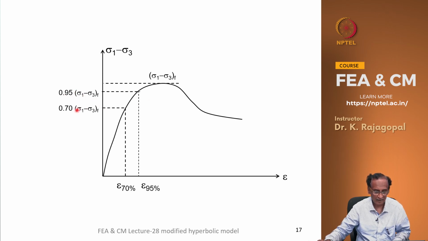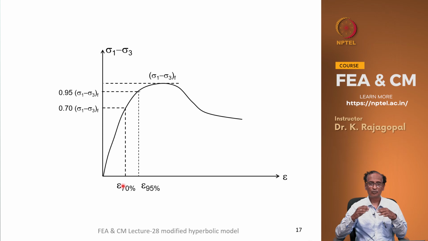And then here I have illustrated, let us say that this is your peak stress, 70% of this, 95% of this, and then the corresponding strain we indicated as epsilon 70, that is the strain at a stress equal to 70% of the peak stress, and then epsilon 95 is the strain corresponding to the 95% of the peak stress.